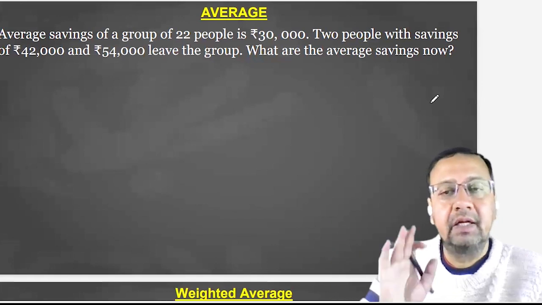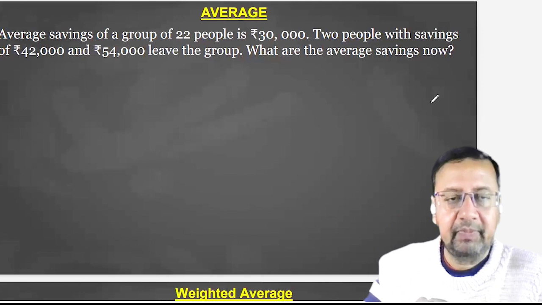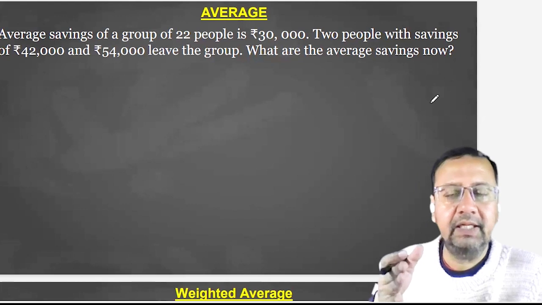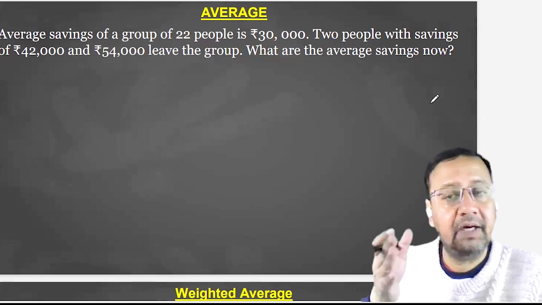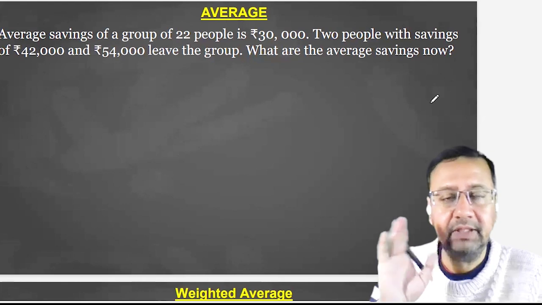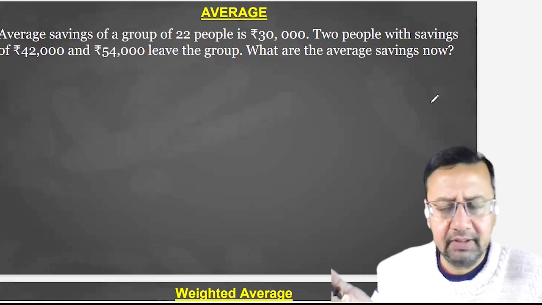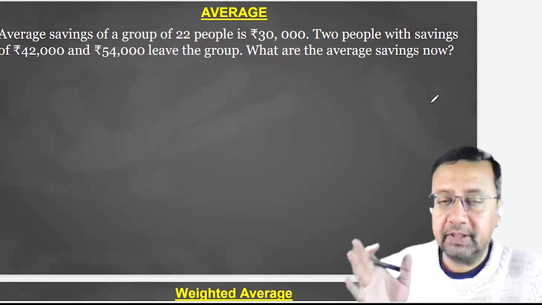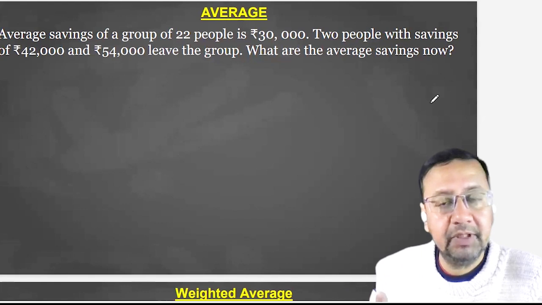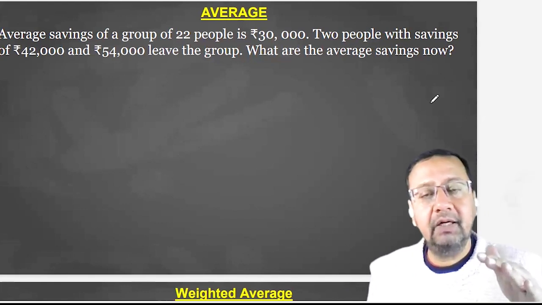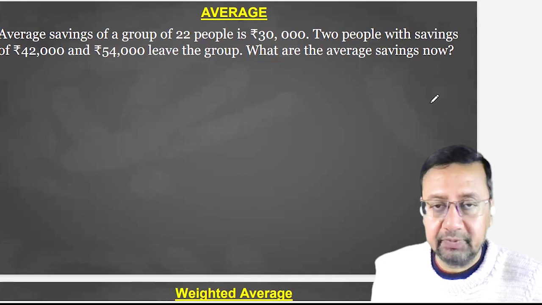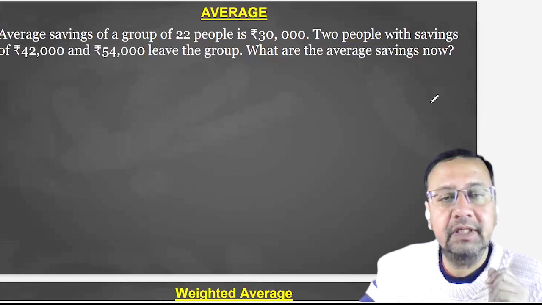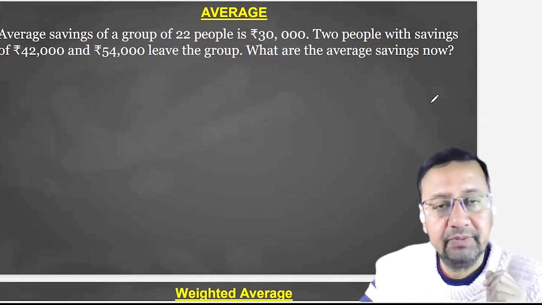Average is 30,000. So if the two persons who are going out take individually 30,000 each, there will be no change in the average. But they are taking some extra money. And who will give this extra money? The persons who are left behind in the group. They will pay this extra money. So the first person is taking 42,000, 12,000 extra.